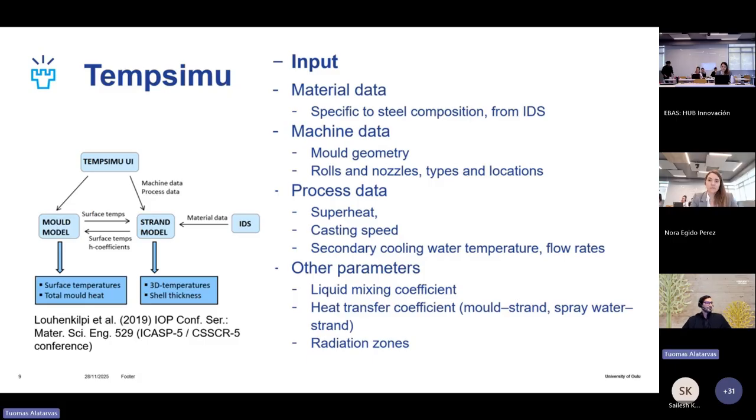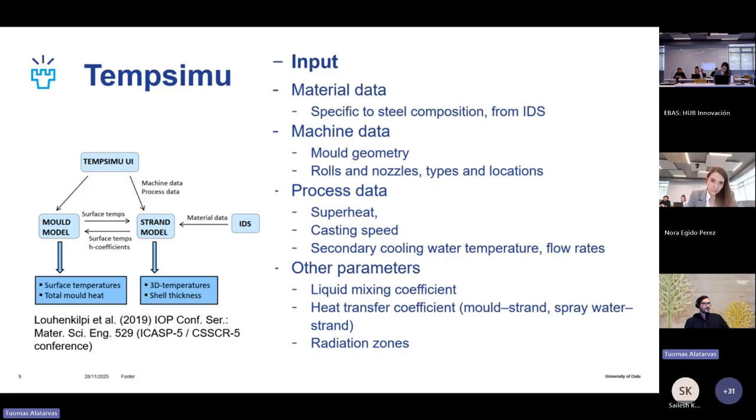And for machine data, we need the mold geometry and other properties, and also the caster configuration in the secondary cooling zone. That is rolls and nozzles, their types and locations, and so on. So essentially a geometric construction of the continuous caster.